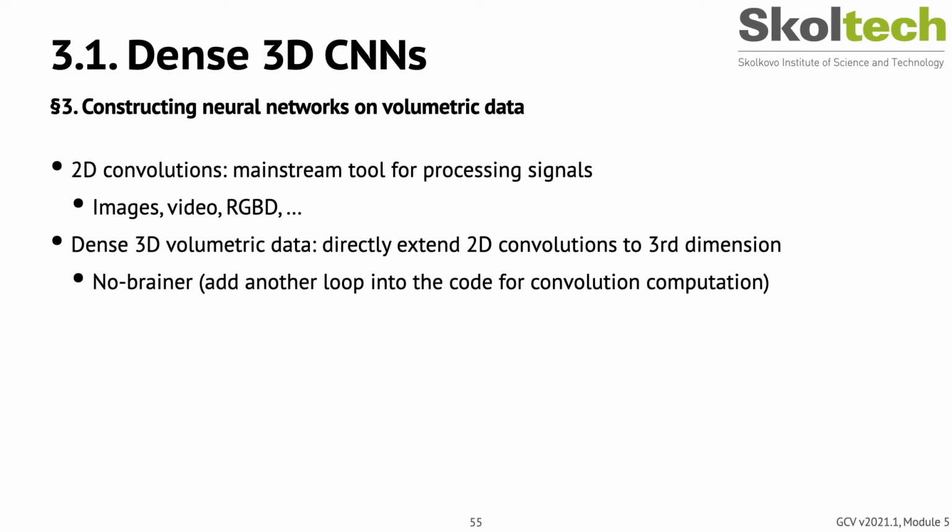Everybody uses CNNs to process images and videos, and RGBD, for example. So by just adding the third spatial dimension, it is very attractive to directly extend 2D convolution, which boils down to adding another loop into the code for convolutional computation, right?